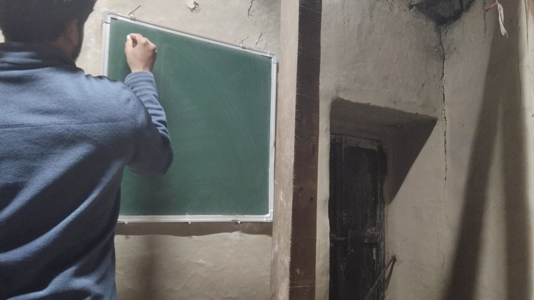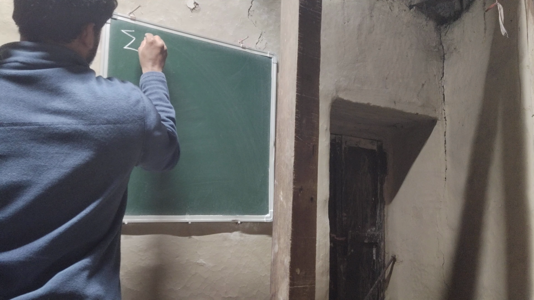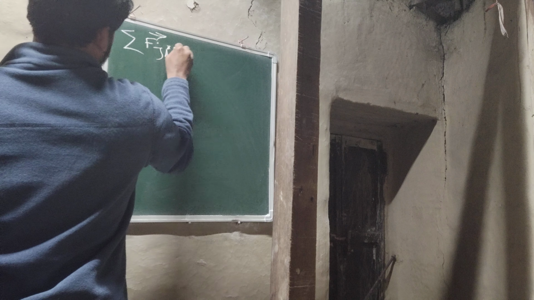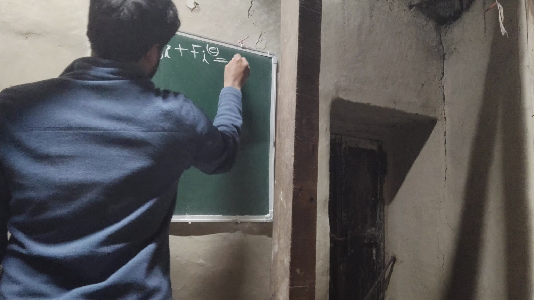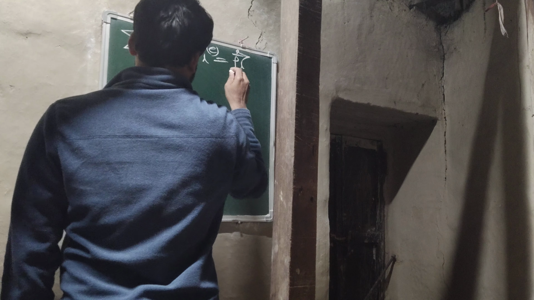We get the equation of motion: summation F_ji plus F_i equal p_i vector dot.